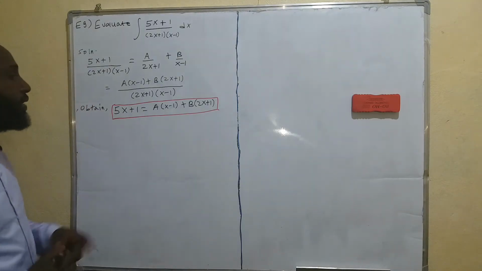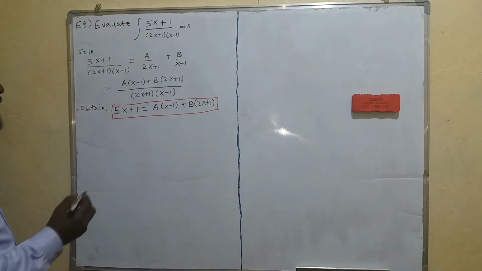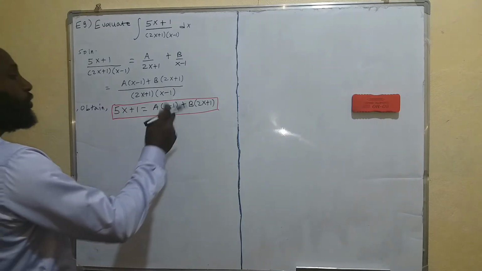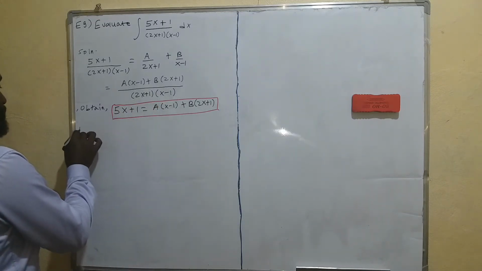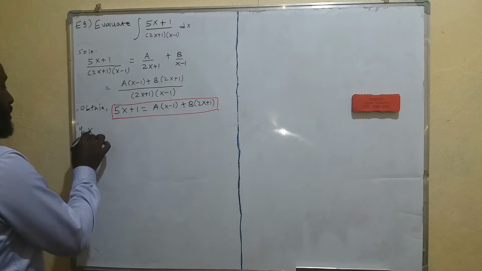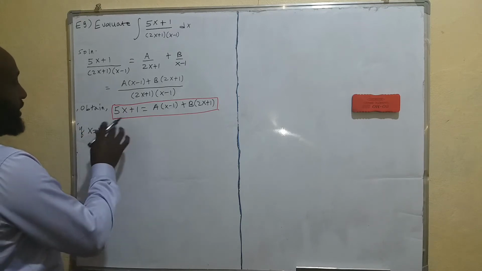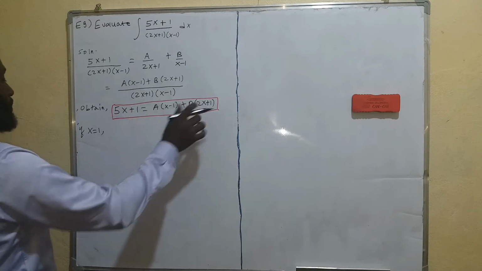Now the next step is to get the values of A and B. To get, for example, the value of B, let x − 1 equal 0, and x will be 1. If x is 1, insert the value of x everywhere in this equation.